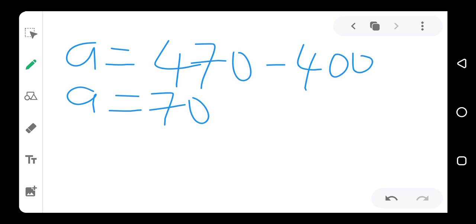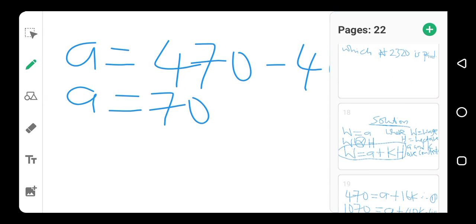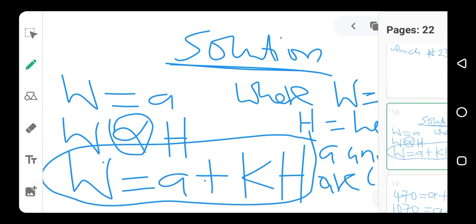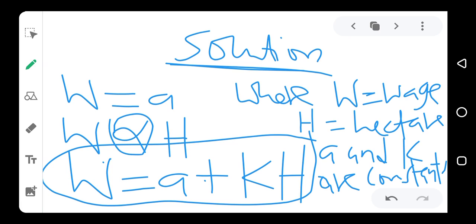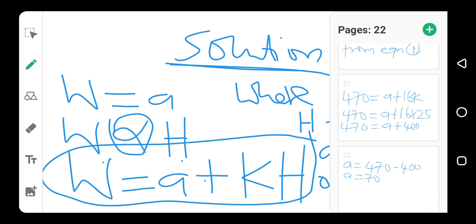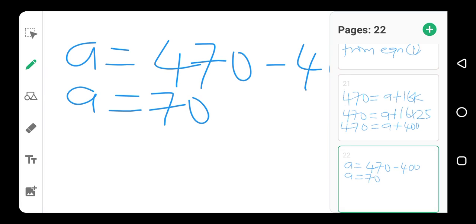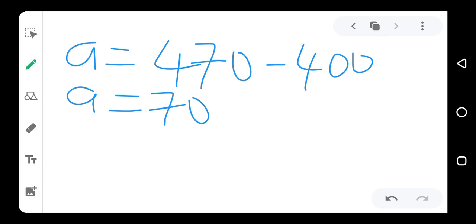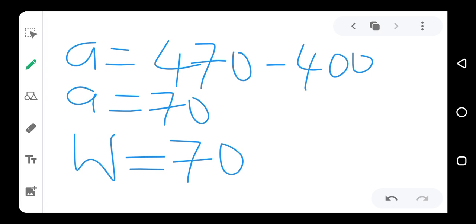So we put them in this relationship to get our main equation connecting the variables. We put the value of A and we put the value of K. So we have that W is equal to 70 plus K is 25, so we have 25 times H, that is 25H.